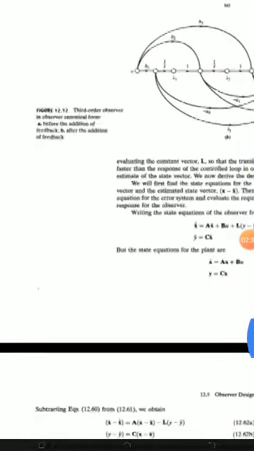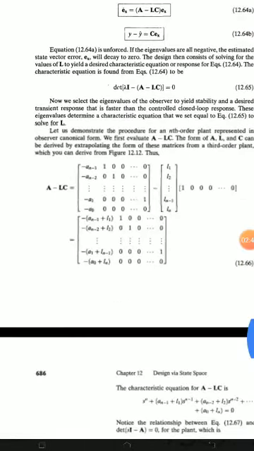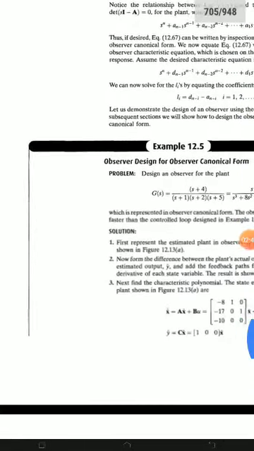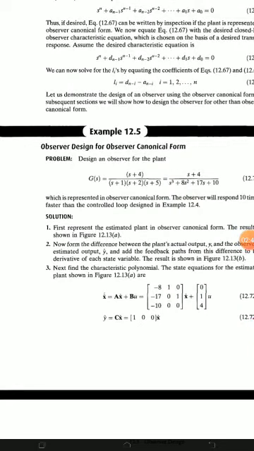Again, we have seen the two methods to design the controller. One is the matching coefficient method, which was the phase variable method, and the second was the transformation method, right? Similarly, the observer design also has two methods. One is matching coefficient, second is transformation.